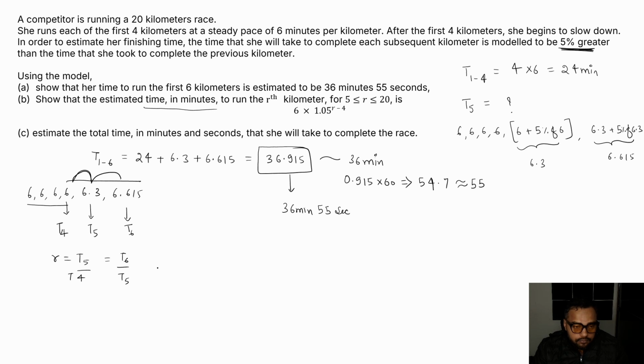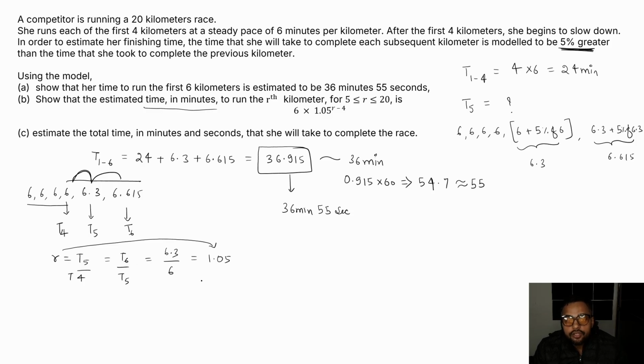You can see what we'll get. T5 by T4 will be 6.3 divided by 6, which is equal to 1.05. So from here we can easily figure out that the ratio is 1.05. Even if you calculate T6 by T5, the value will be 1.05.